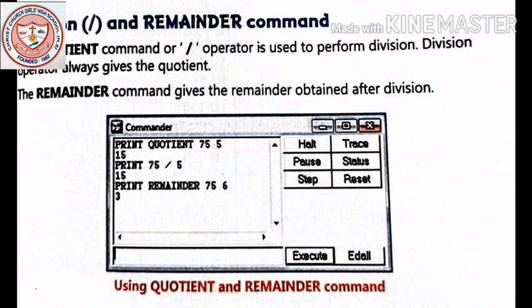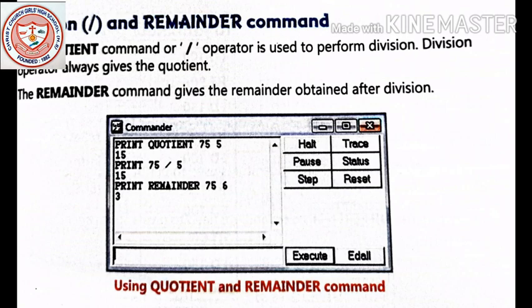But sometimes it cannot give the total quotient. There is something left, that is known as remainder, as you have done in maths. So the remainder command gives the remainder obtained after division. So now see, using quotient and remainder commands.